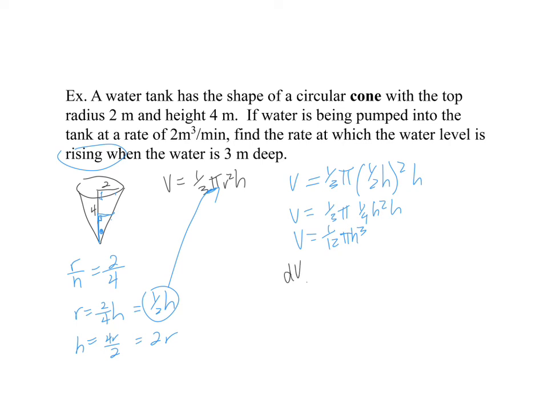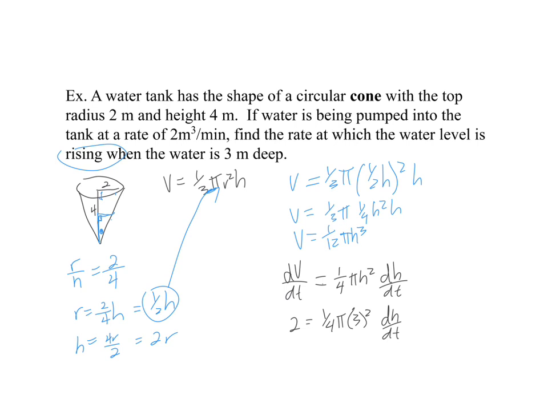So the derivative of volume with respect to time equals the derivative of the other side: 3 times 1/12 would be 1/4 pi h squared times dh/dt, because it's not a t. And now we're ready to plug in our values. They give us the volume rate as 2, we have 1/4 pi, and it's asking us to calculate the rate when it's 3 meters deep, so our height would be 3, and we can solve for dh/dt.